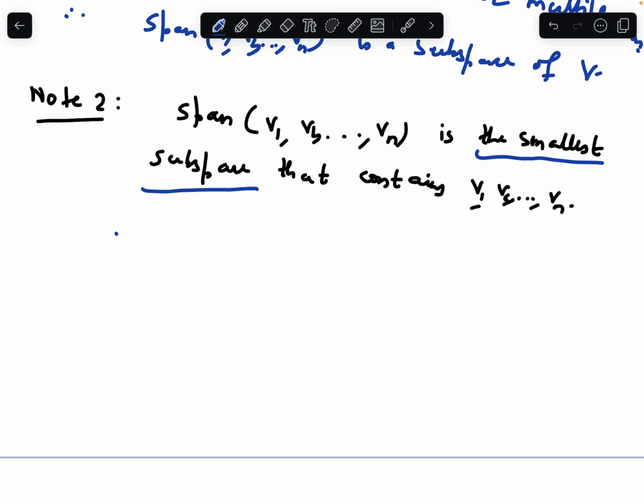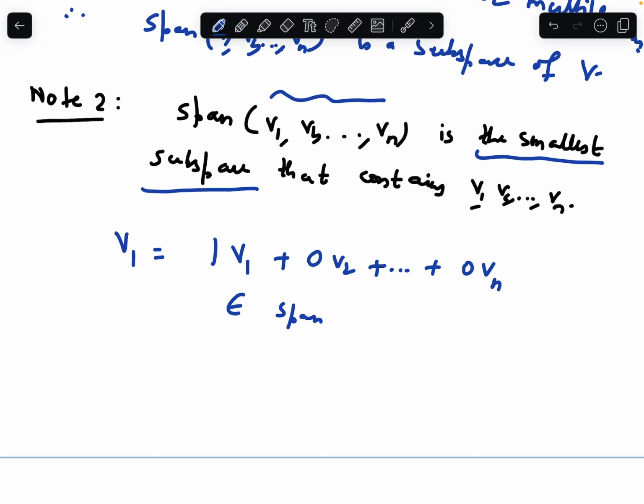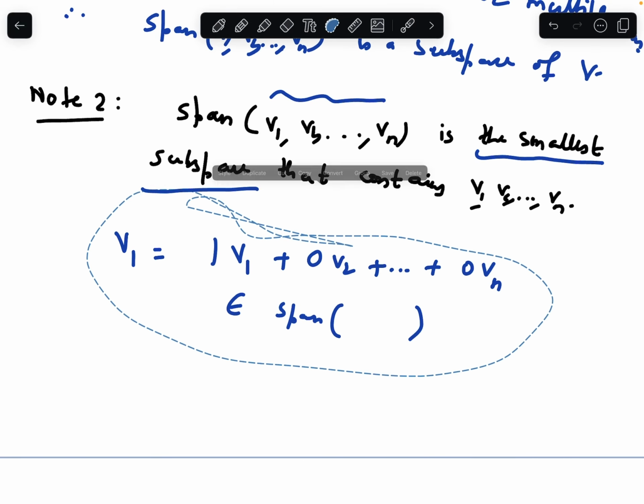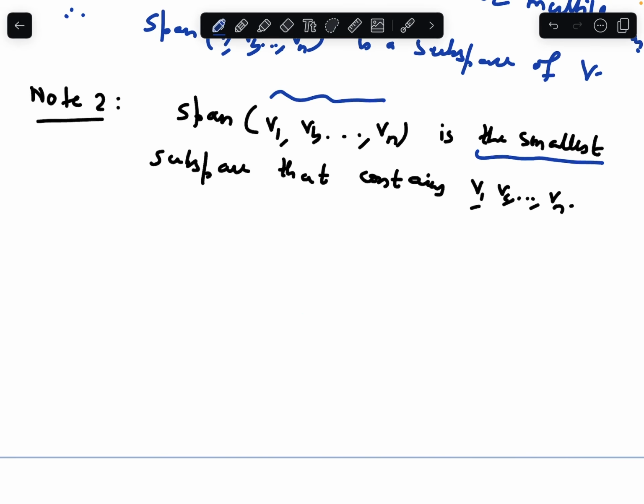Well, because V1 is a linear combination of these, isn't it? V1 is equal to 1 times V1 plus 0 times V2 plus 0 times Vn. So it's the linear combination of V1, V2, V3, therefore it is in span.